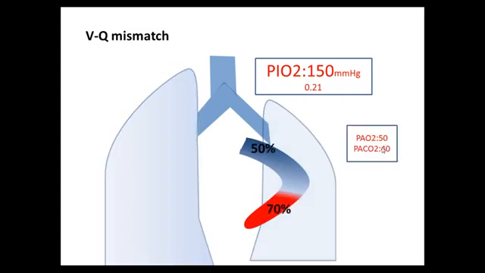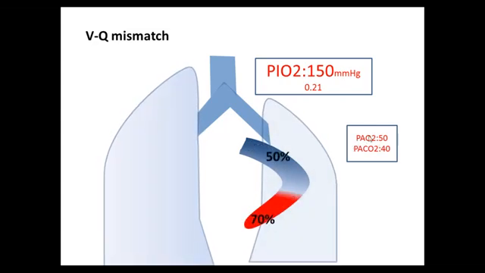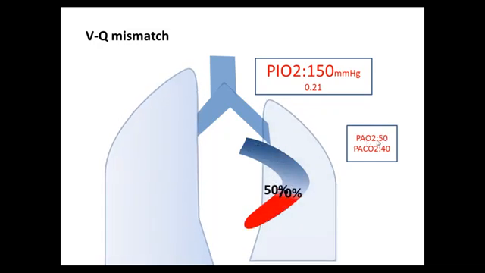The alveolar partial pressure of oxygen is around 50. The normal alveolar pressure of oxygen, as we mentioned before, is around 100, so reduced almost by 50%. And alveolar partial pressure of carbon dioxide is around 40, which is normal.